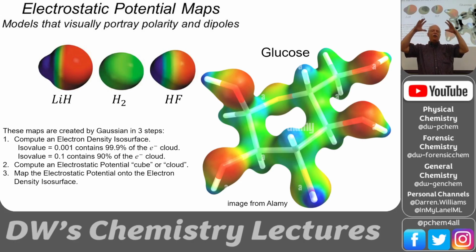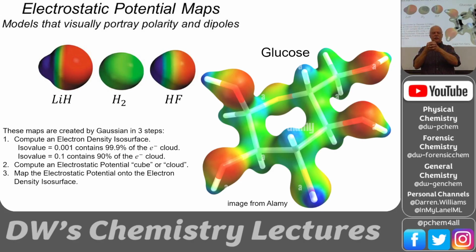The volume being taken up by this figure, don't look at the colors, just look at the shape of the cloud. That's the electron density. So the total electron density is given by the volume of that electron cloud, right?